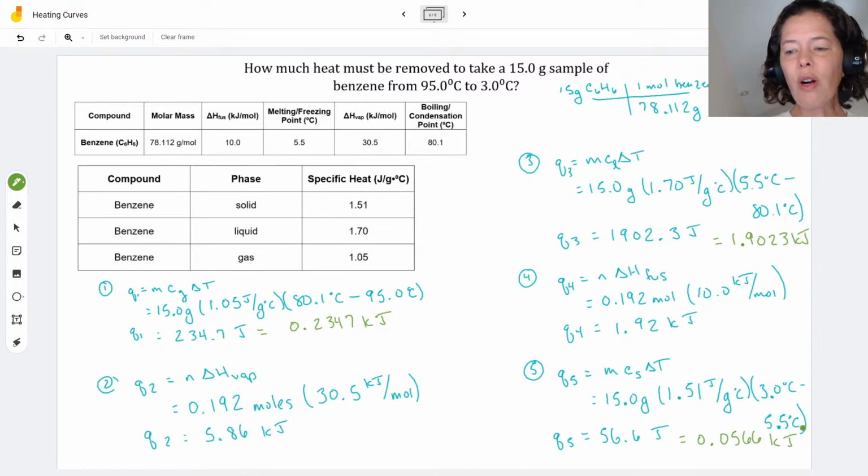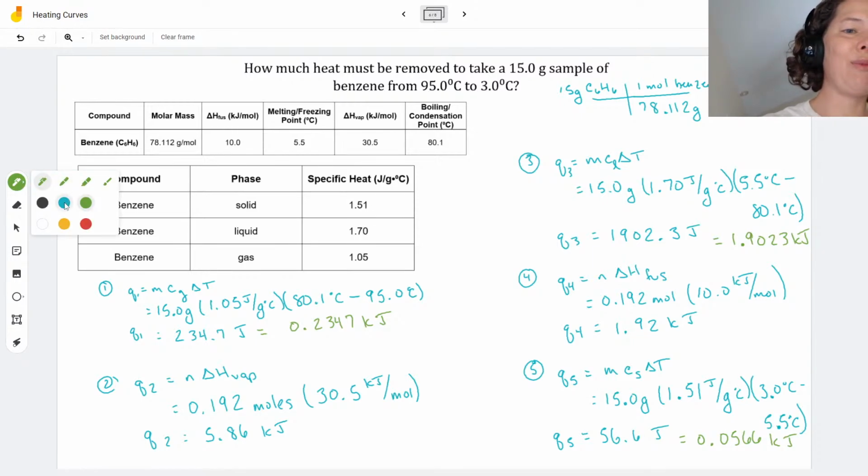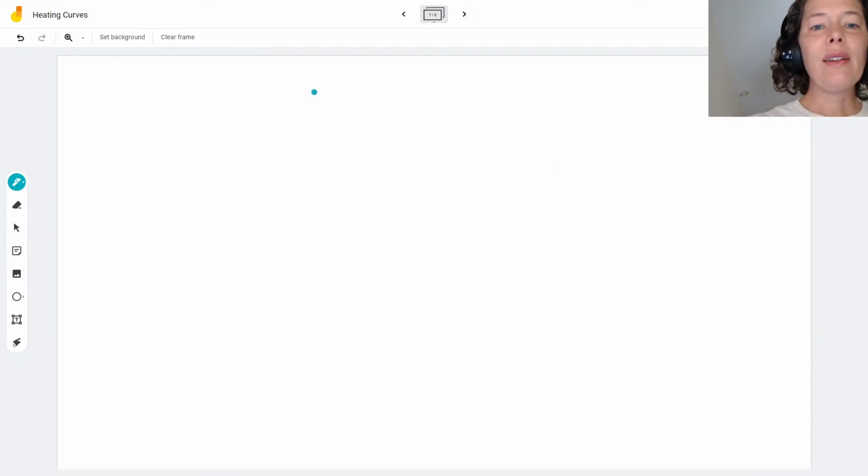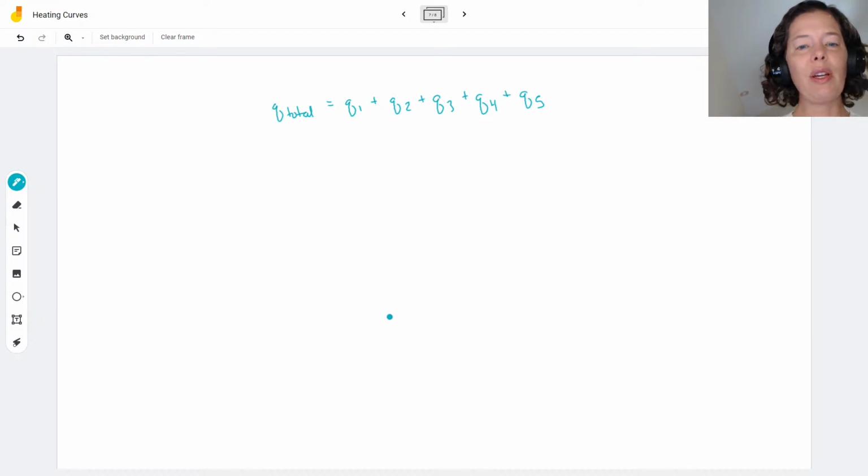And just like before, I need some more space because these problems take a lot of space. So I have my Q total, which is going to be my Q1 plus my Q2 plus my Q3 plus Q4 and finally Q5. This time I'm going to start a little bit farther over to the left, see if I can get everything to fit.